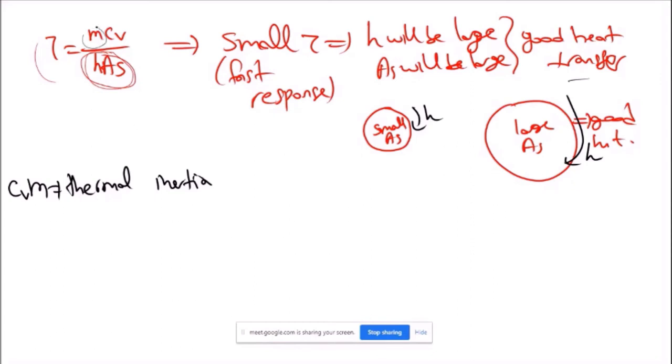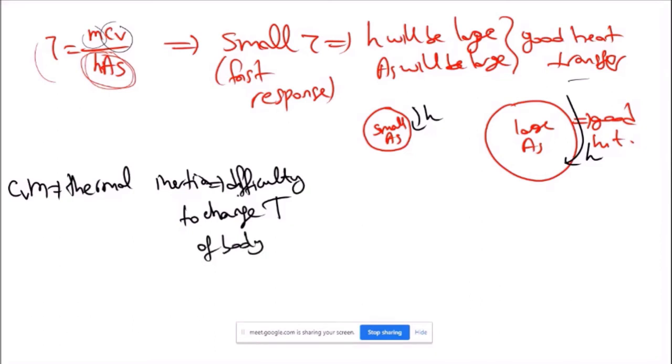Therefore, m should be very small, and c_v also should be very small. Thermal inertia is a measure of the difficulty of changing the temperature of the body. So we want m c_v to be as small as possible.